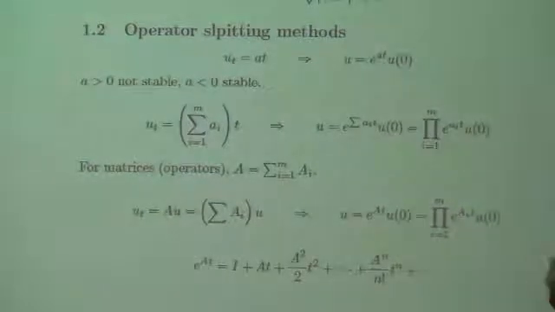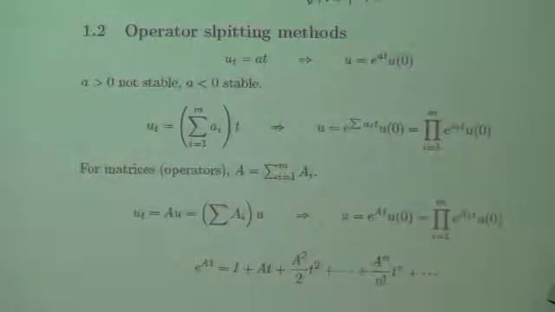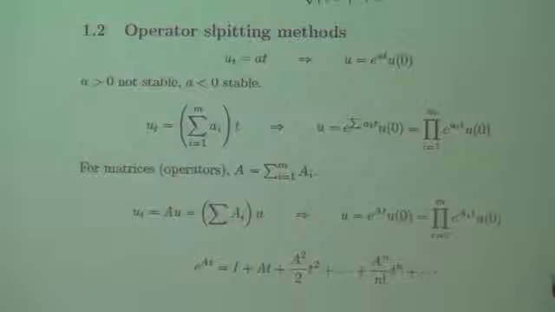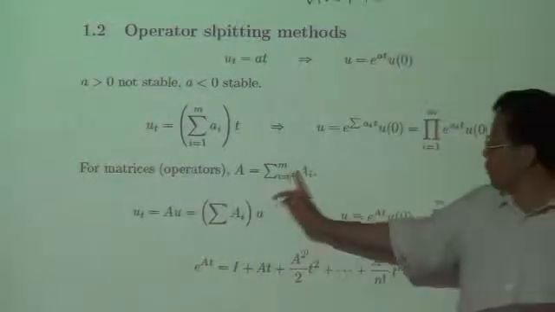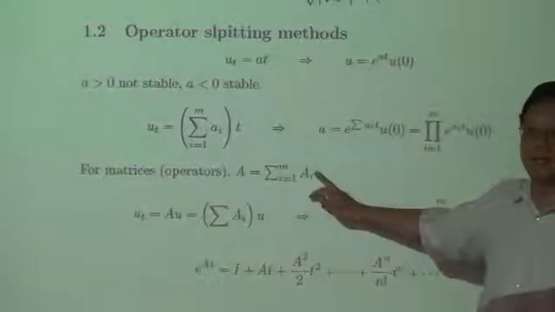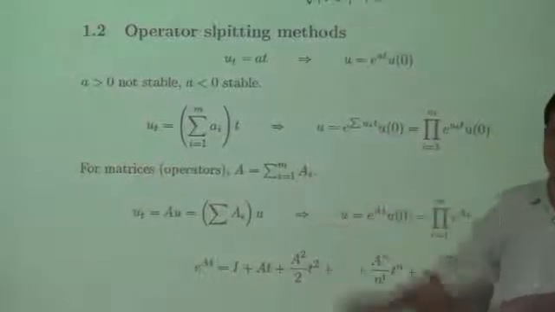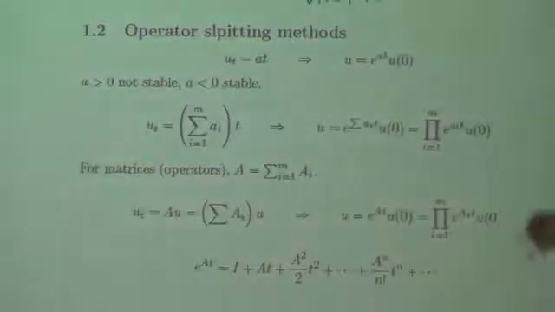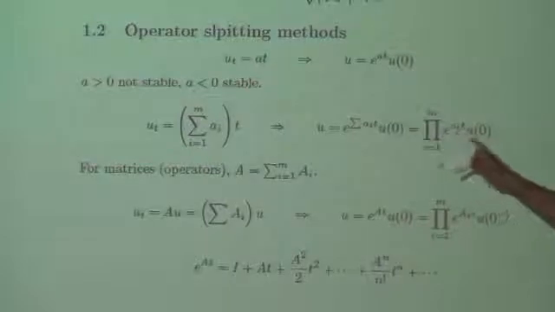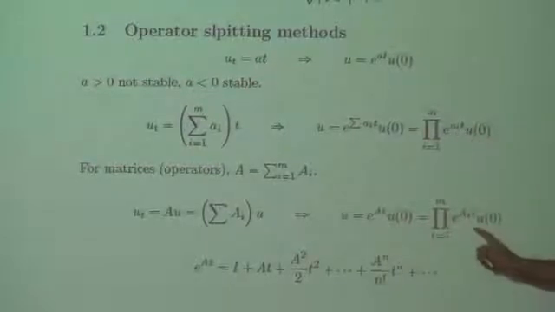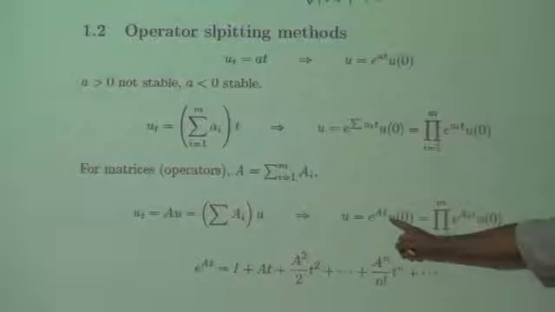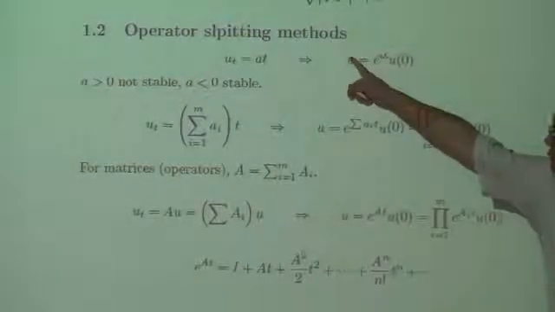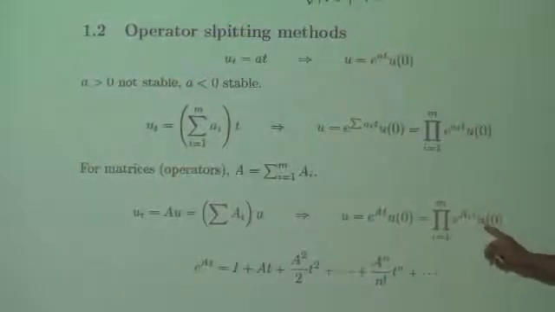Once we have matrices, essentially we are solving a partial differential equation. So this is the operator splitting, which means that this operator can be split into m parts. If you split a number, those are exactly equal. If you split a matrix, so this is the original problem, and this is the split problem.